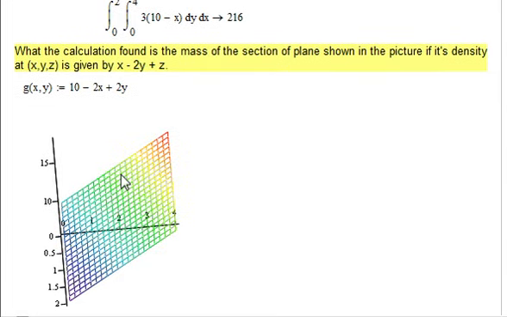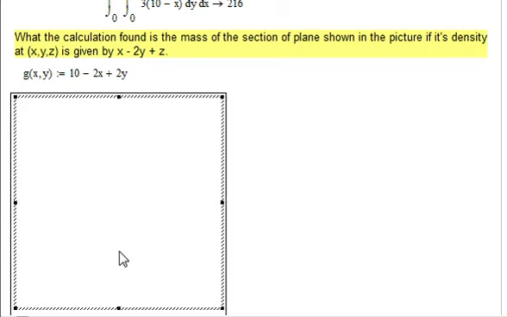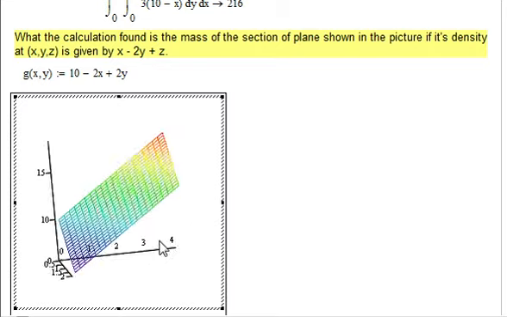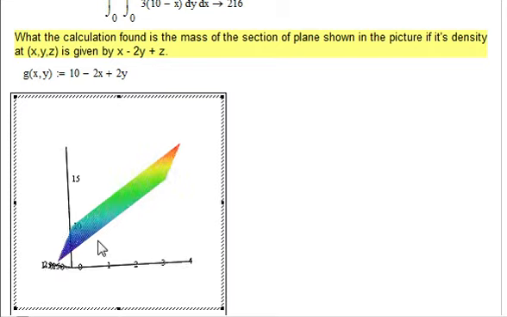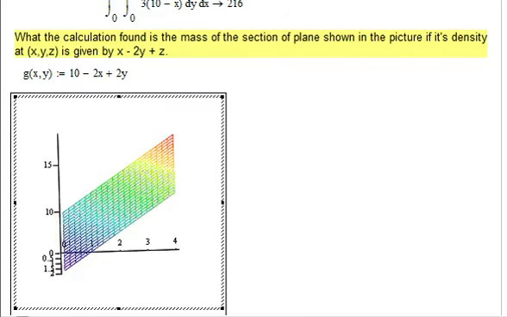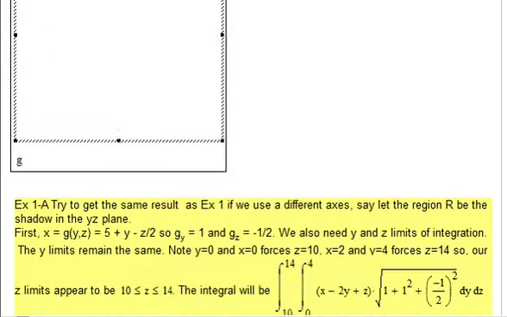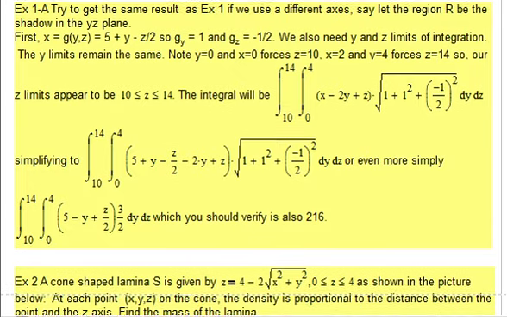So the yz plane is the one back here. We use the yz plane as our place, where we divide it up into the rectangles, use partial derivatives, etc., with the yz plane.